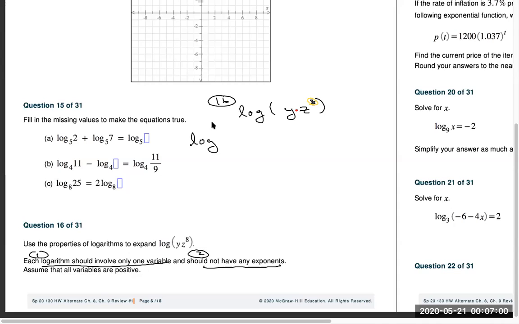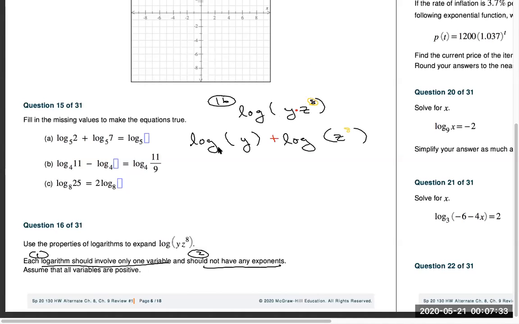And you can do this in one part if you're comfortable enough, but I'm going to do it in various steps just in case you're not. So we're going to have log. That red mark there, the product, is going to turn into a plus sign on this side. I have a log. Okay, so in the second step, what's left inside? Well, we have log y plus log of z to the 8th power.